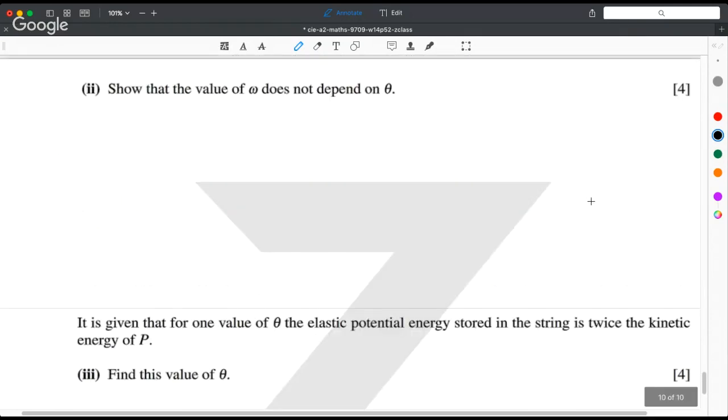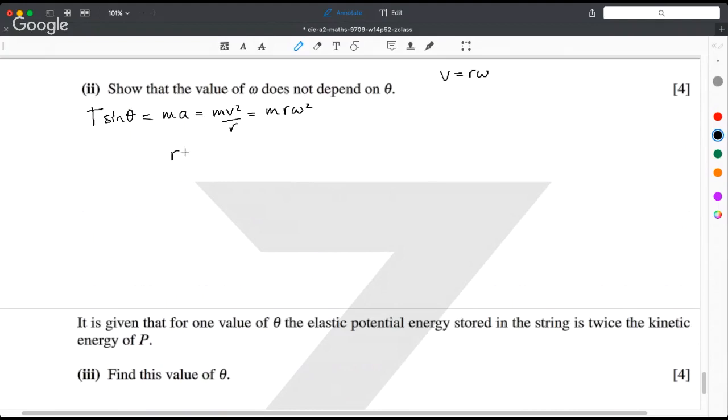Now they want us to show that the value of omega, the rotational velocity, does not depend on theta. For this, we use the other component of the tension, which is T sine theta. That is equal to the mass times the rotational acceleration, which is mv squared over r, or equivalently m r omega squared, because we know that v is equal to r omega.